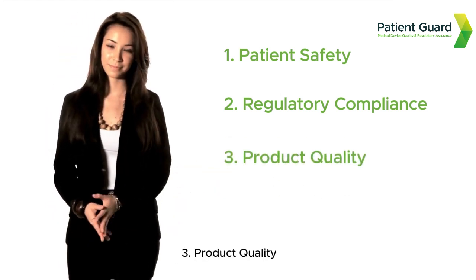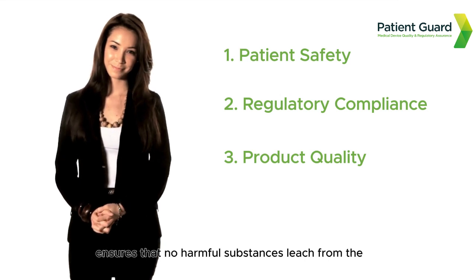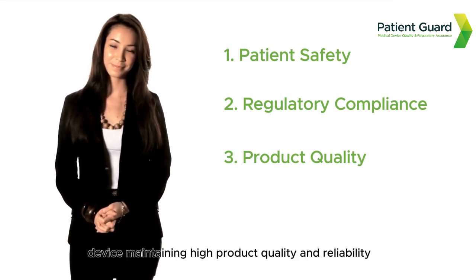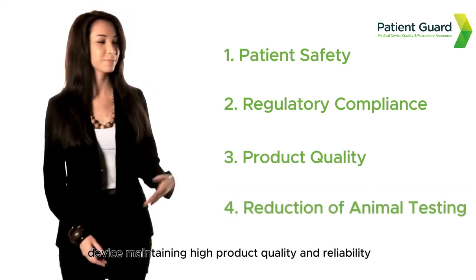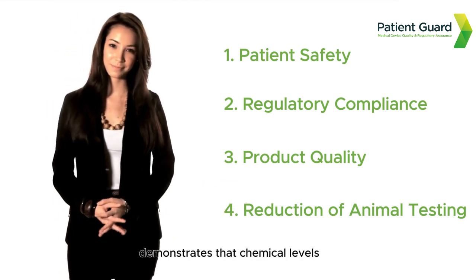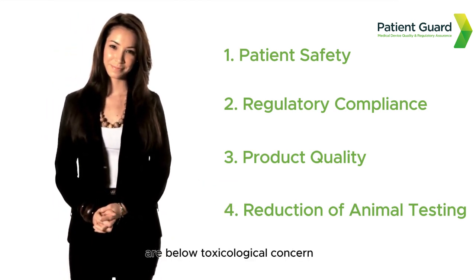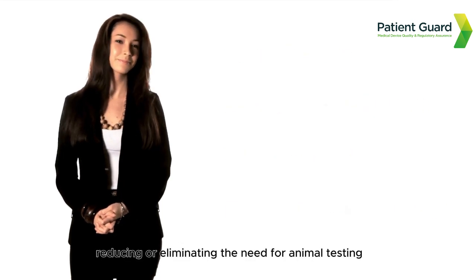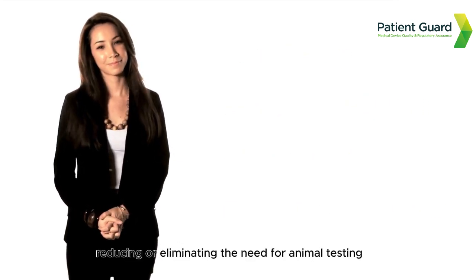Product quality: ensures that no harmful substances leach from the device, maintaining high product quality and reliability. 4. Reduction of animal testing: demonstrates that chemical levels are below toxicological concern, reducing or eliminating the need for animal testing.